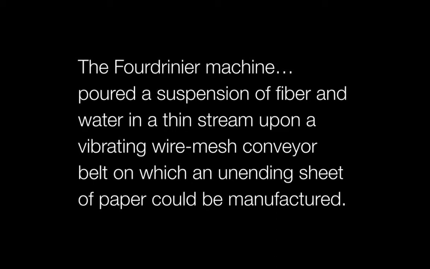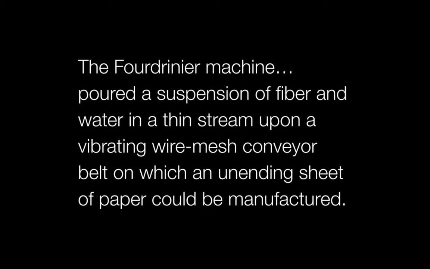As we continue in the 19th century, another major invention is the Fourdrinier machine, which was basically a paper making machine, similar to the way we still make paper today. Instead of having to make paper sheets individually, this was a machine that poured a thin stream onto a mesh conveyor belt, creating an unending roll of paper.